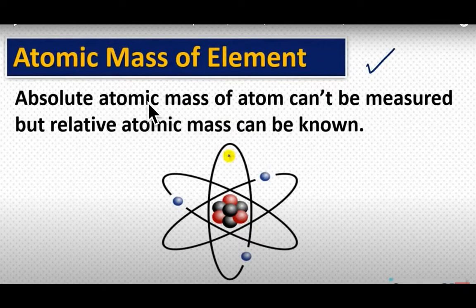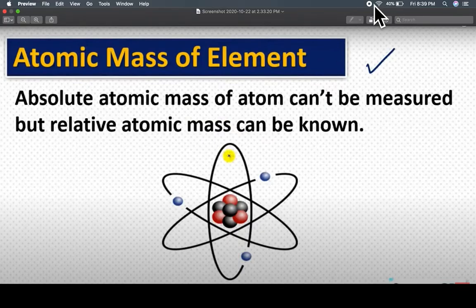Exact atomic mass cannot be measured, as we cannot separate a single atom because its size is very small. Therefore, absolute atomic mass of an atom cannot be measured and relative atomic mass can be known.